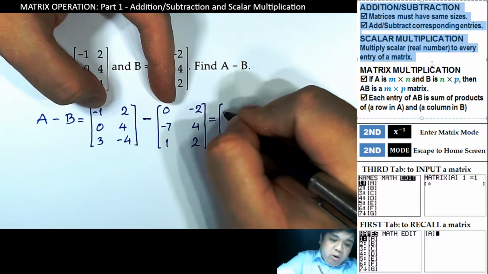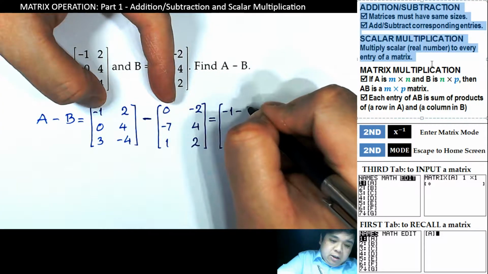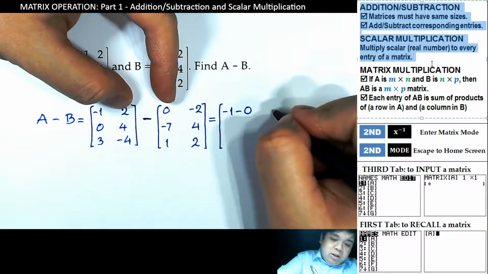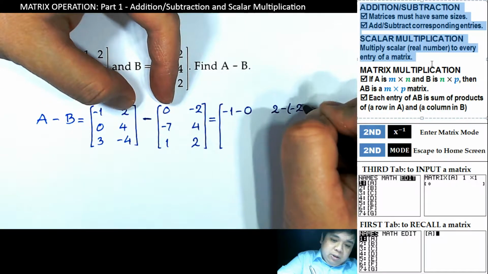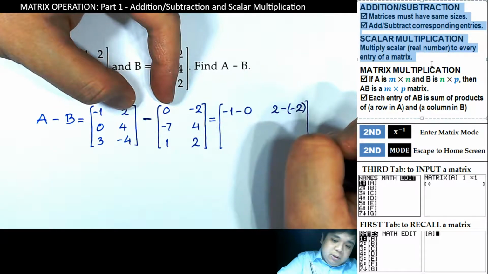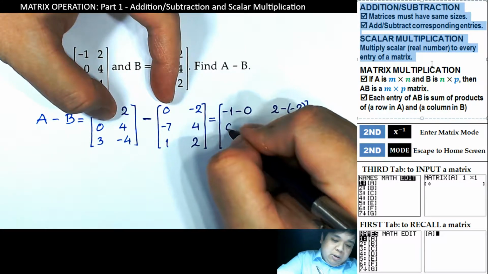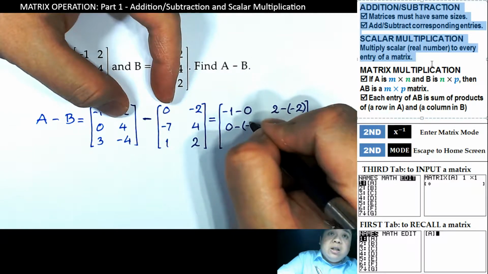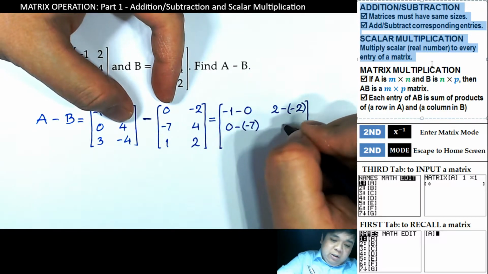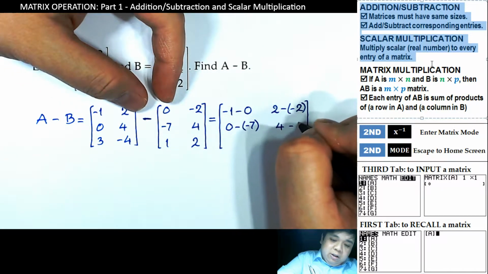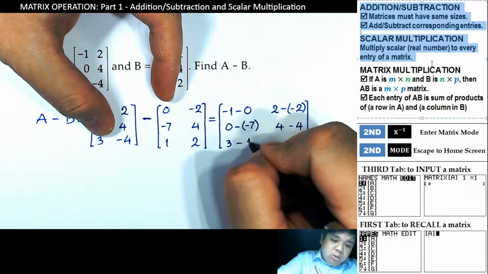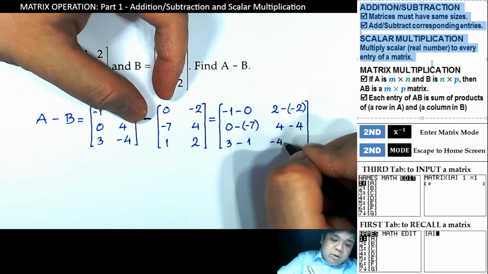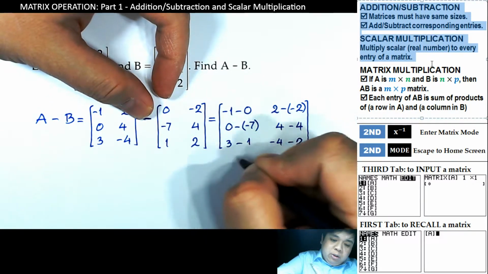So negative 1 subtract 0, 2 subtract negative 2, 0 minus negative 7, 4 minus 4, 3 minus 1, and negative 4 minus 2.